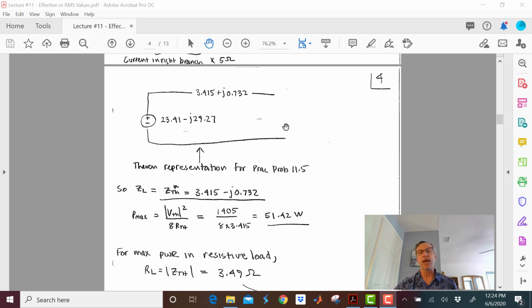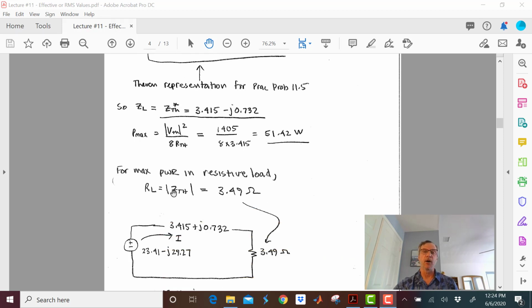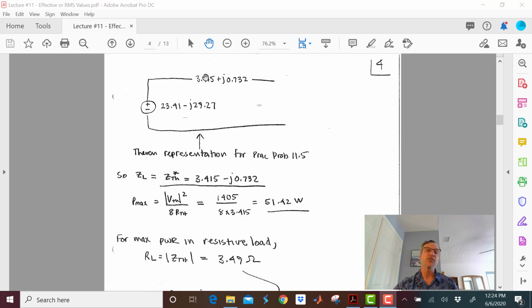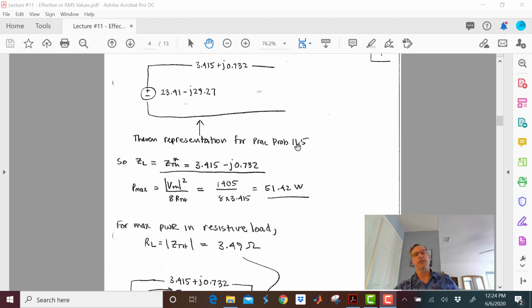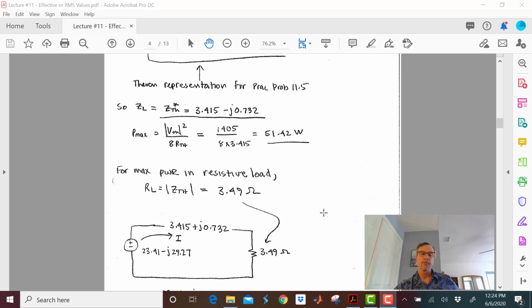So we're going to ditch the capacitor and we're just going to use 3.49 ohms here, right? And the 3.49 ohms, of course, is the magnitude of this impedance. So we're going to put 3.49 ohms here. And now I want to know how much power I'm going to get in that 3.49 ohms.